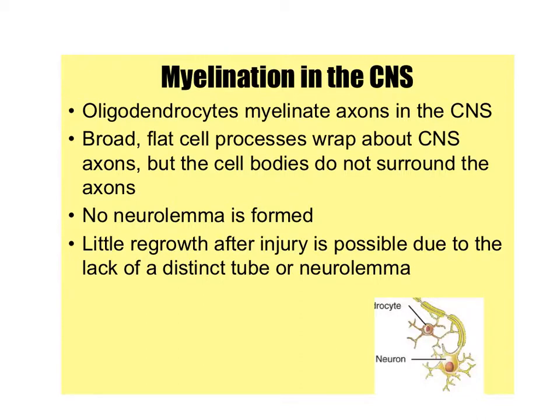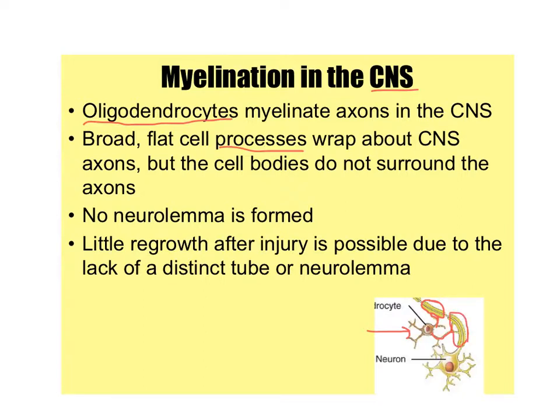And myelination process in the central nervous system, the CNS, remember that's done by oligodendrocytes. You can see one right here. Now they do it a little differently. They don't wrap themselves around the axon like the Schwann cells do. They have these processes which come out, and you can see this guy's reaching out and myelinating this portion, but he's also reaching out here and myelinating another portion of that axon.